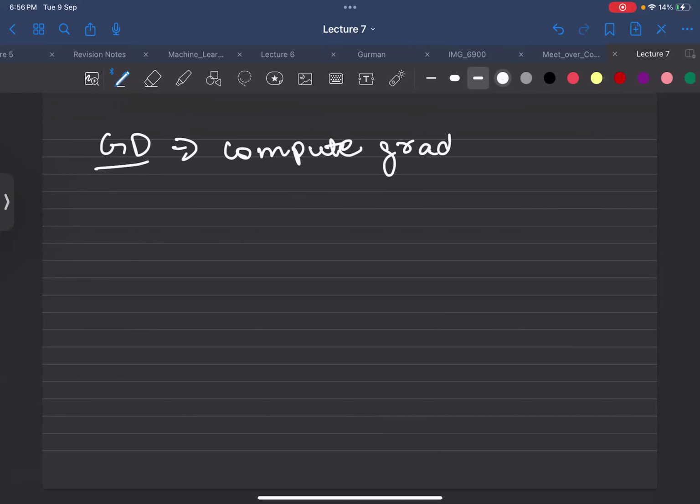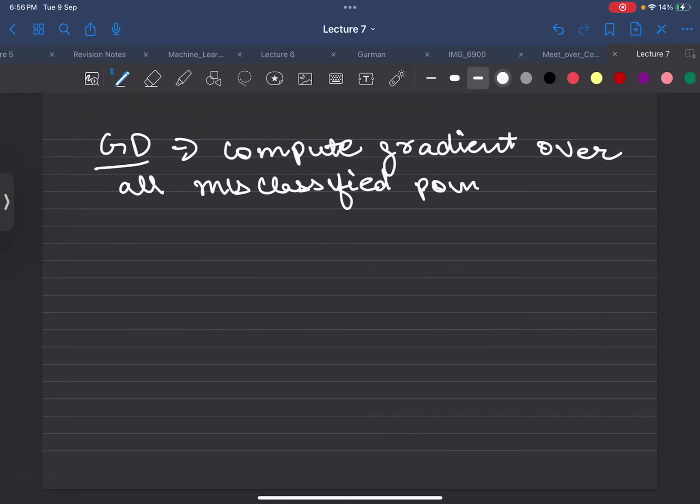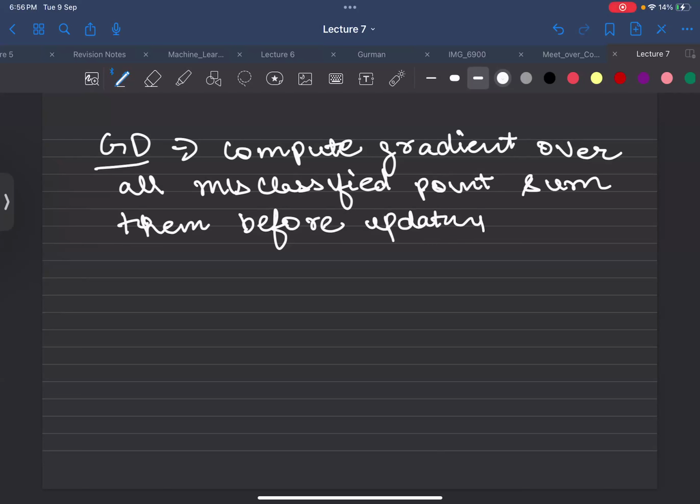Maybe you'll get the intuition I was trying to give, and you can relate it to this. Compute the gradient over all misclassified points, sum them before updating. Obviously, it's slower, as we have discussed. It's smooth, without noise, but it's expensive.